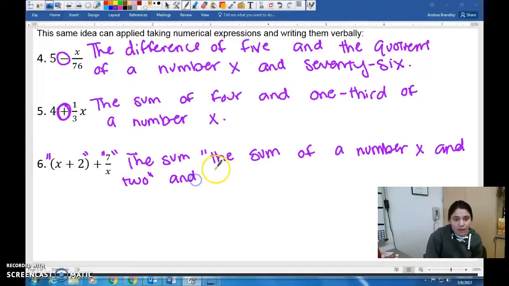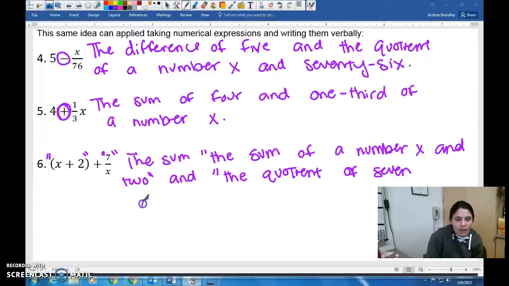And now my second part, again in quotes, is the quotient of 7 and a number x. So that way you're making it clear that you're adding this part and this part, which you could also do by using the phrase the quantity.